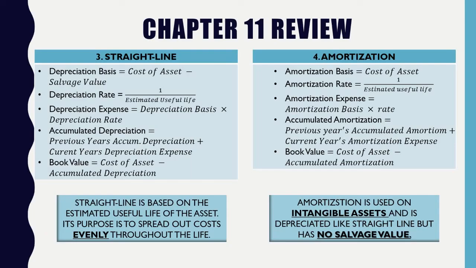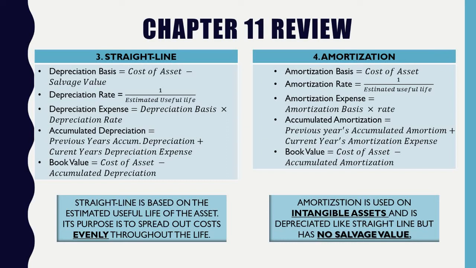So chapter review. We talked about straight line, where it's a combination between units of production and double declining, and the formulas are a combination. We said that you use straight line if you want to spread the cost evenly amongst the estimated useful life.